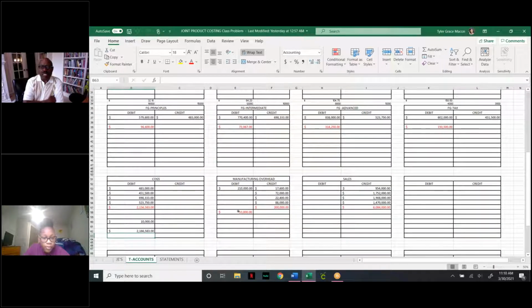How much is in that T account overhead? It's got 10,000 in it now, correct? Yeah. So the actual was 210,000. We credited 200,000. So we did what? We under applied.